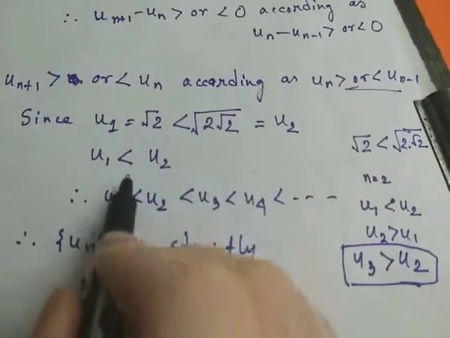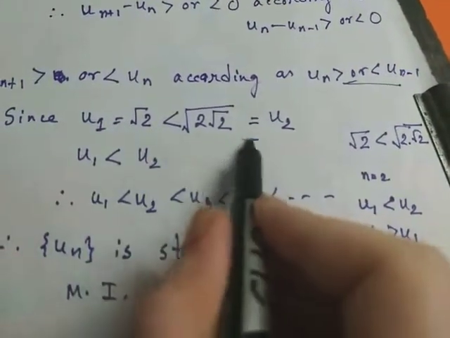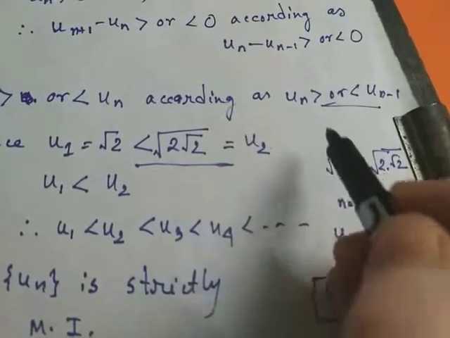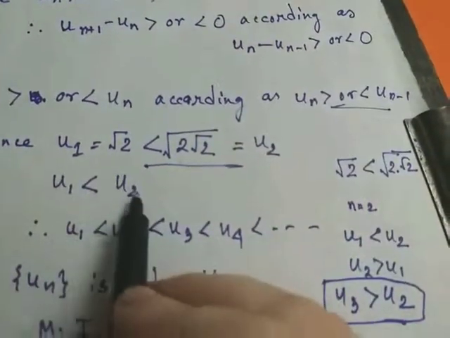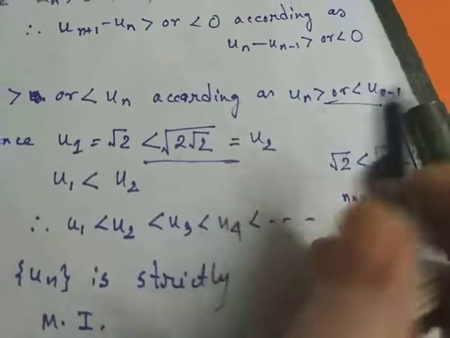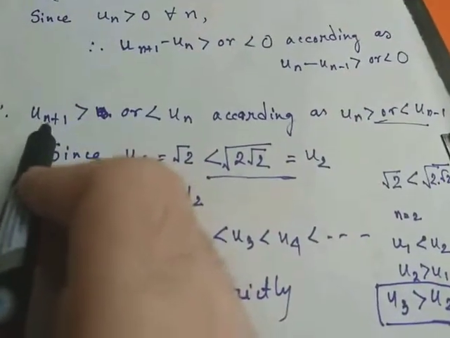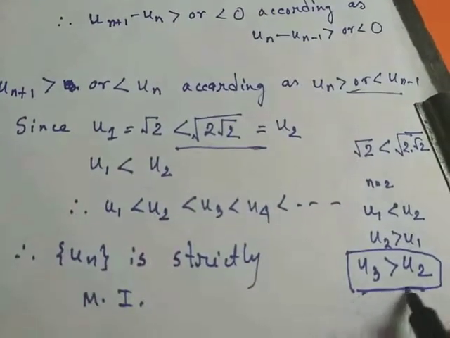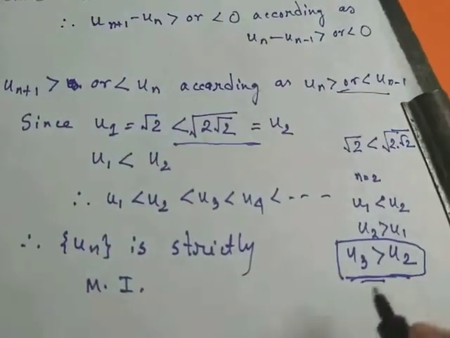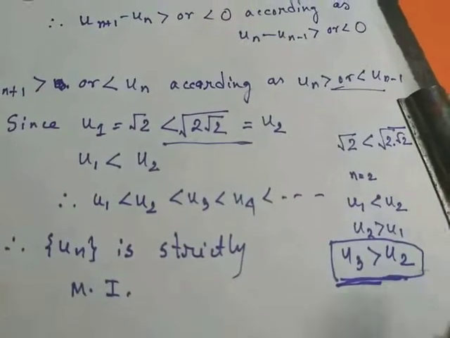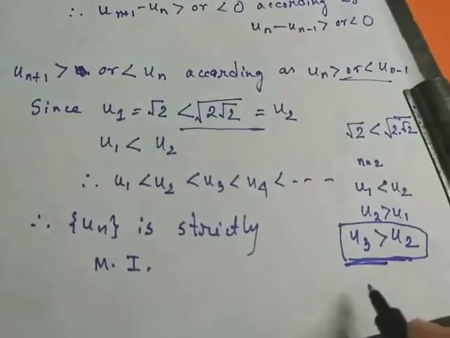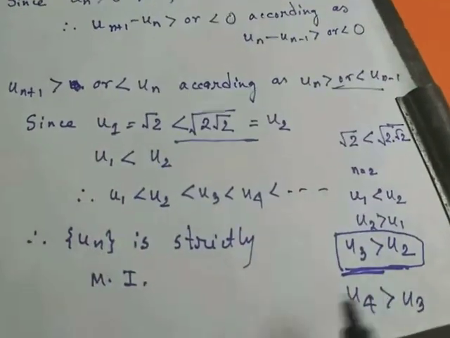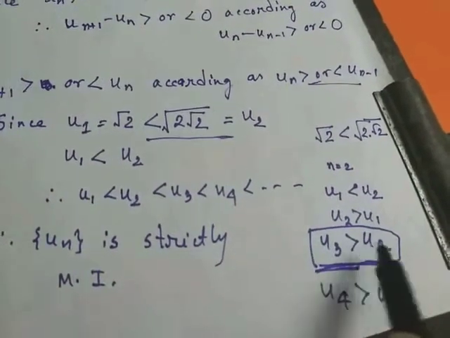We repeat this again. u1 is less than u2 from this. So here put n equals 2, then we get u2 greater than u1, so u2+1 means u3 greater than u2. Similarly, from u3 greater than u2 we get u4 greater than u3, because u4 is greater than u3 according as u3 is greater than u2.